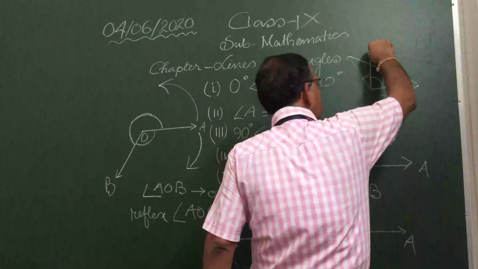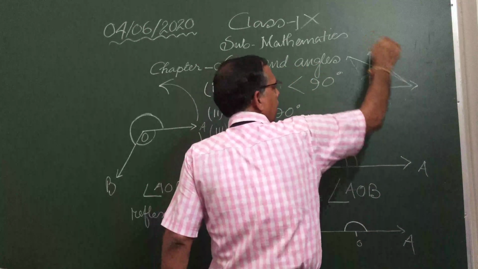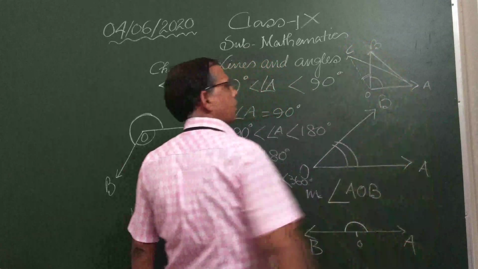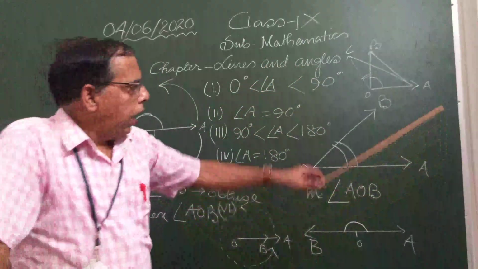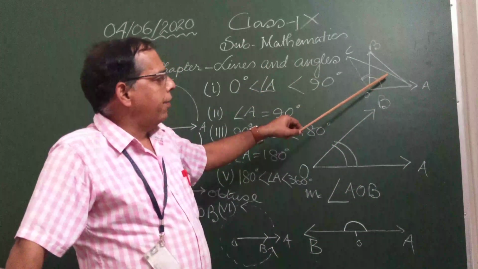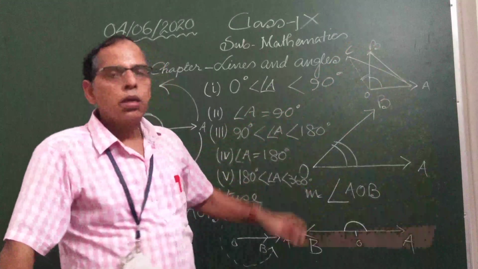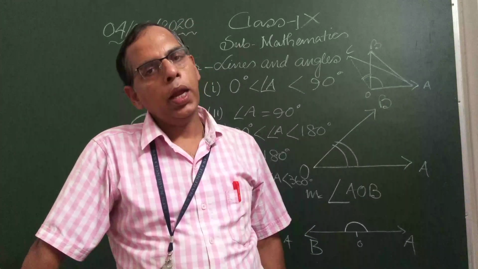If you draw this one, then this is a right angle. See, A, O, B, C. AOB is a right angle triangle, whereas AOC is an obtuse angle triangle.